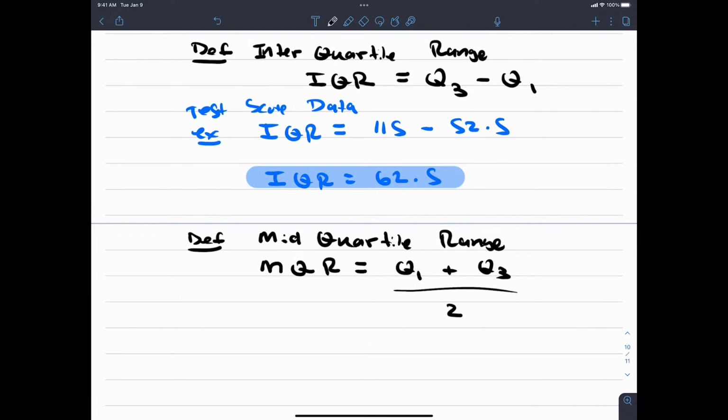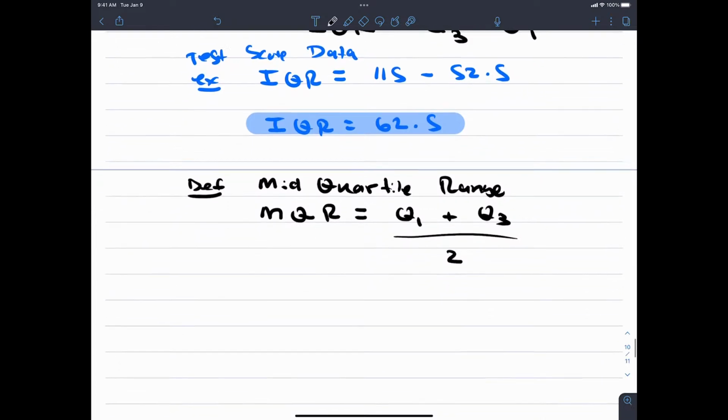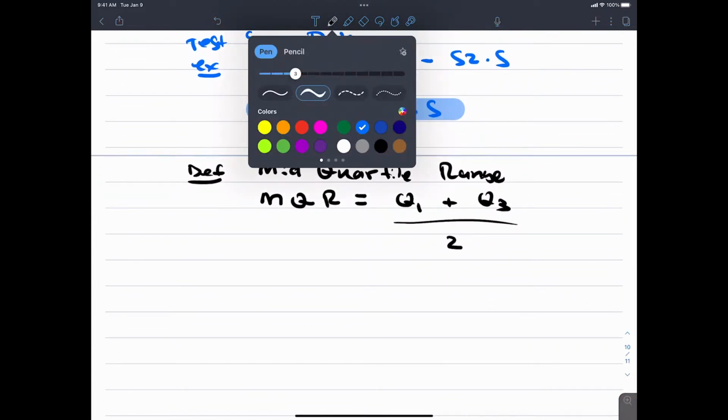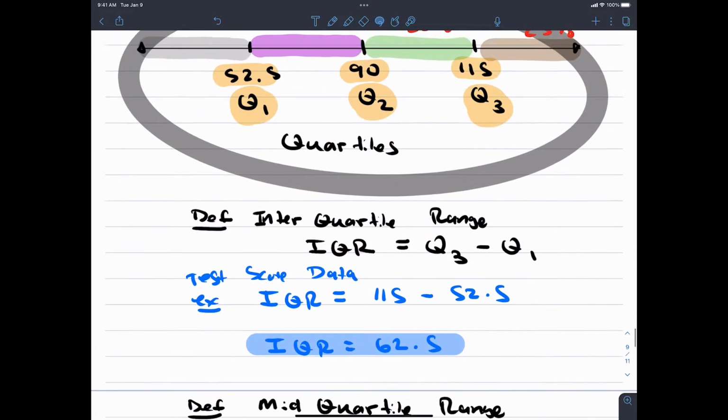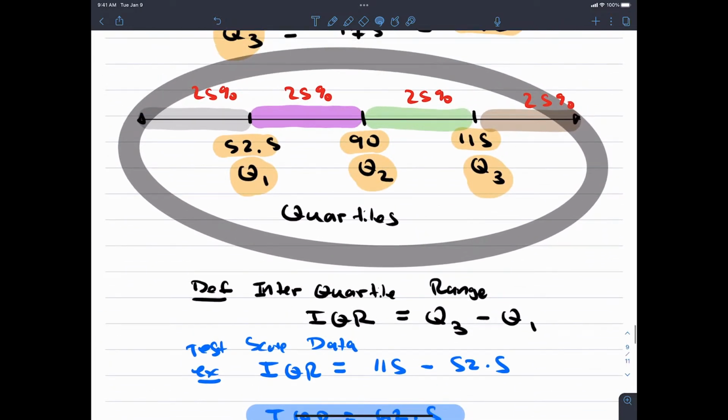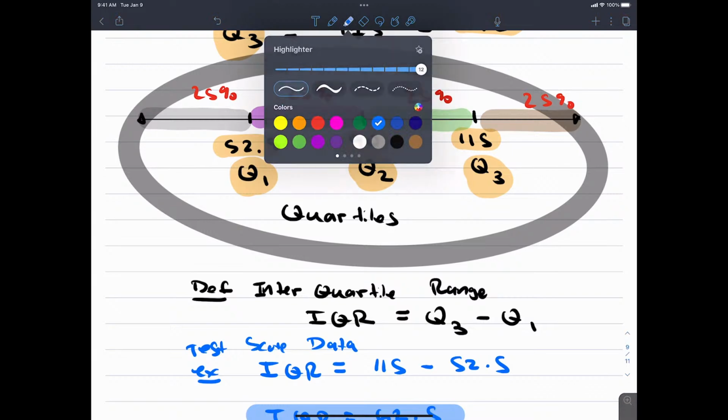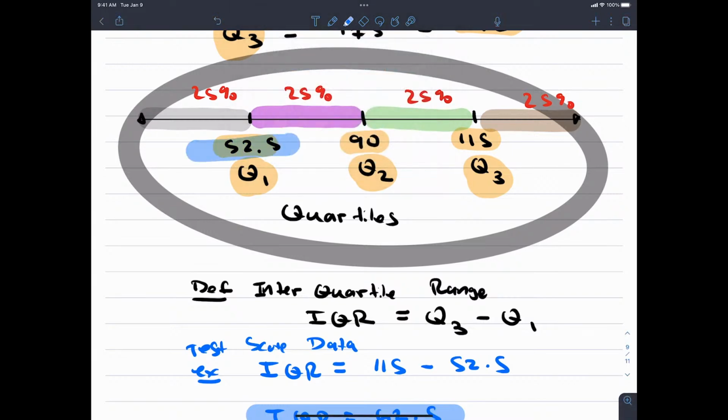So if you add Q1 and Q3 and divide by 2, you're going to get the mid-quartile range. You say, what's Q1? Well, it's 52.5. How do I know? Because we plotted this here. So we're going to take 52.5, add it with 115, and divide by 2.